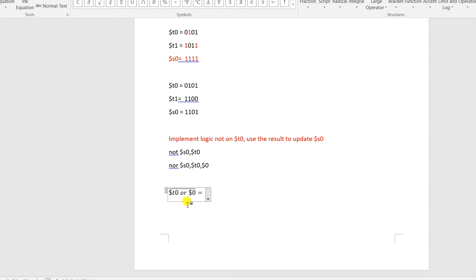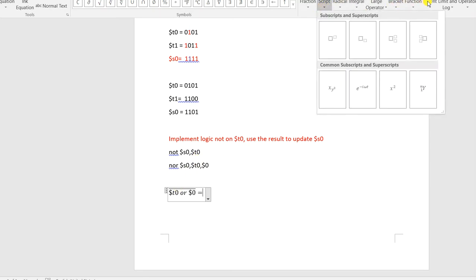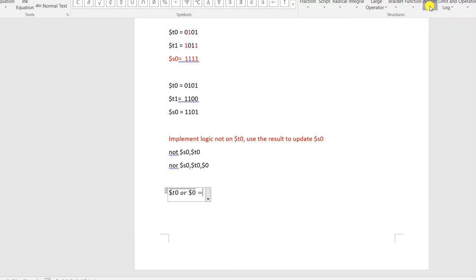That means not T0 and then and not 0, right? And what is continued? So basically NOR is equal to not, and then using and to connect, right?